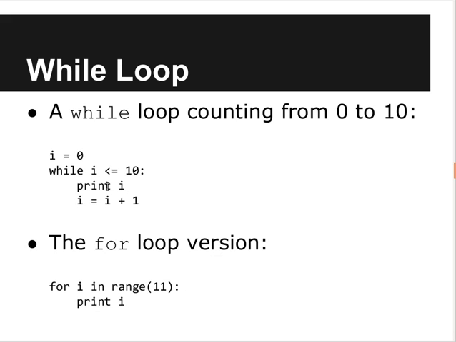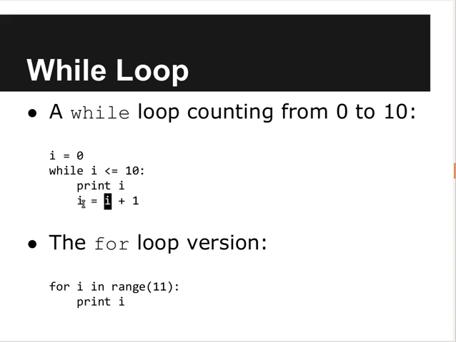Now, if we want to do that with a while loop, there are more requirements on me, the programmer, to do those operations. It's not built in like the for loop. So I assign i a 0 value, and then in my while loop, here's my conditional. It's going to go, okay, is 0 less than or equal to 10? It is. Enter the loop, print i, which will be 0, and then take i and add 1 to it.